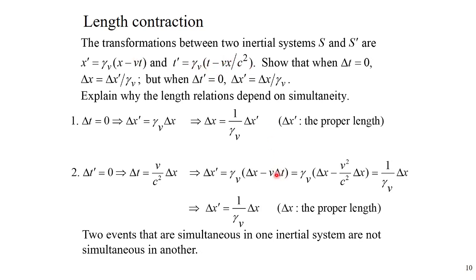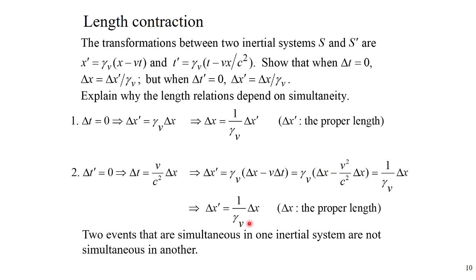Let's substitute into here. So eventually we get a simple relation. Gamma v times delta x minus v squared over c squared, and here equals 1 over gamma v squared. So eventually it can be written into this form.